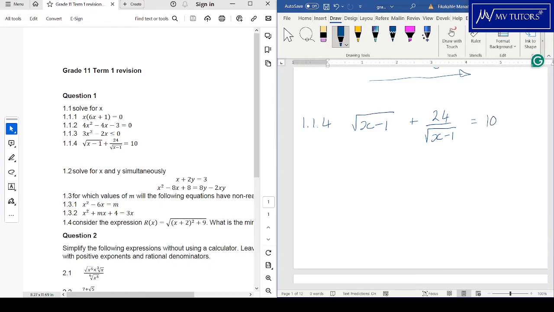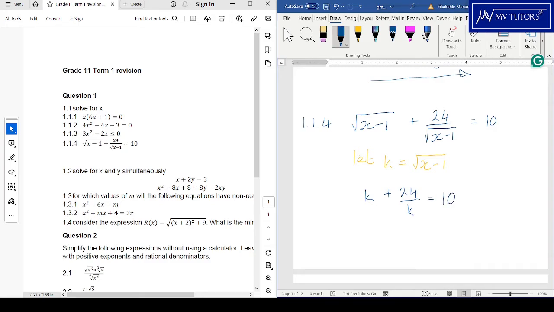Look at that. What I'm going to do here, I'm going to use what's called the K method, where I will say let K equal this whole square root thing, x minus 1, and then I'll be left with K here plus 24 over K, right, is equal to 10.